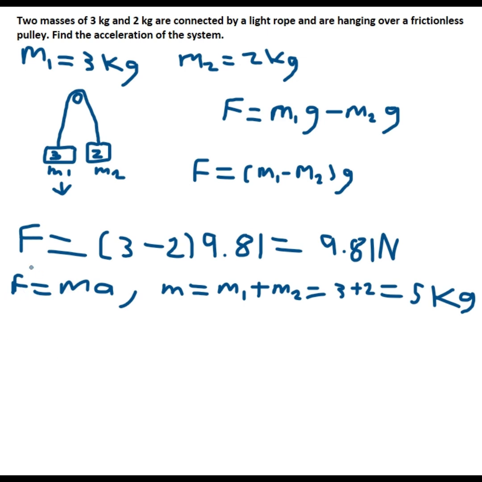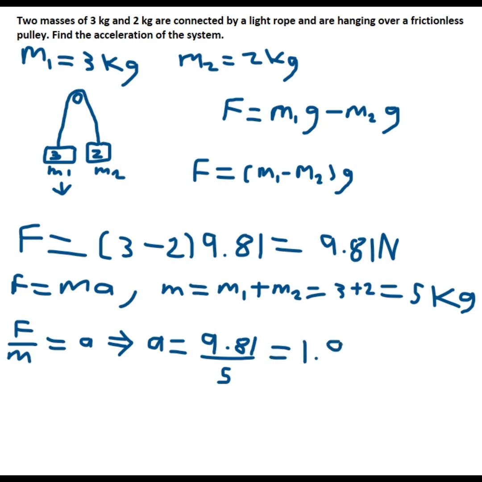Now rearranging F equals ma to solve for acceleration, we need to take the force and divide it by the mass. That'll give us acceleration. So plugging in the values that we have, 9.81 newtons divided by 5 kilograms, which gives the acceleration of 1.96 meters a second squared. And once again, the acceleration is given in SI units because the values that we used in the equation were all SI units.